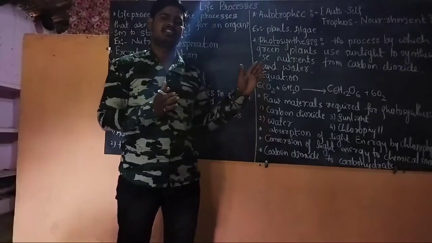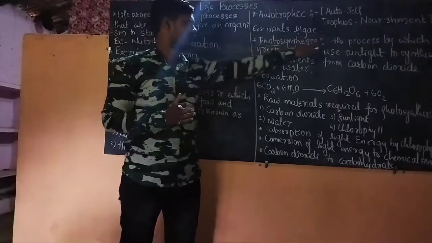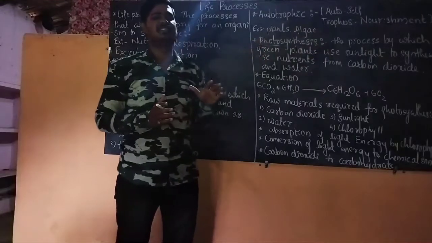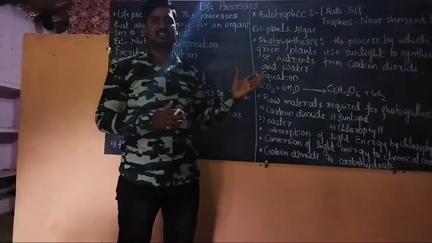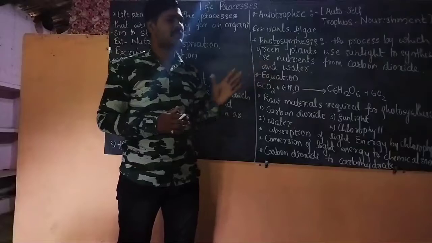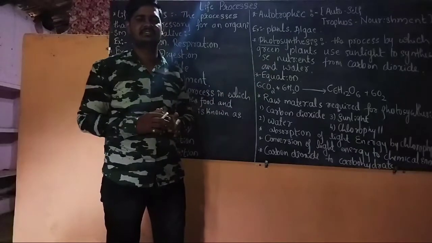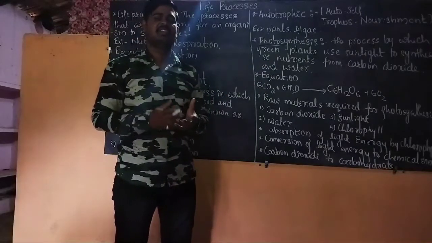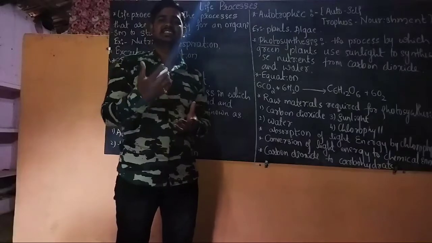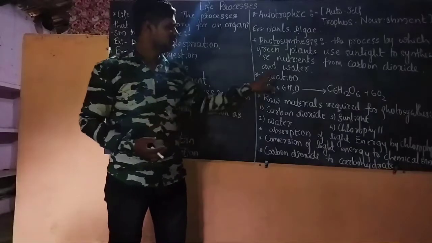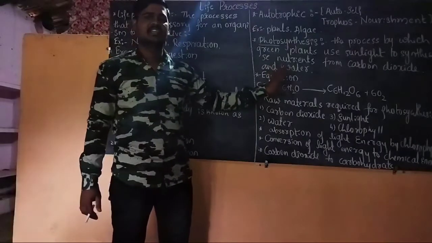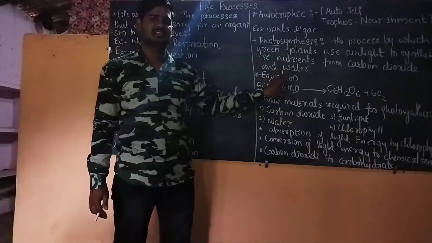So photosynthesis is a process by which green plants use sunlight and carbon dioxide to produce nutrients such as glucose. Along with the glucose, it releases oxygen as well. Here we have the chemical equation for the photosynthesis process.